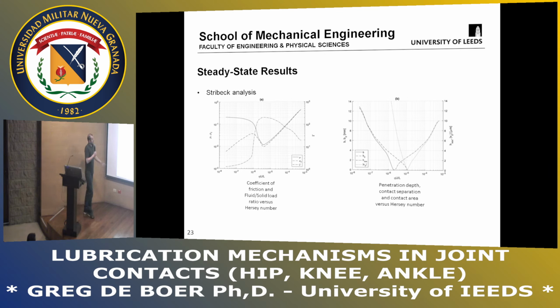This graph is quite interesting because it shows us that in a conventional contact, we would have this transition point here where we move towards the boundary problem much earlier. So this is delaying the transition to the higher friction regime.